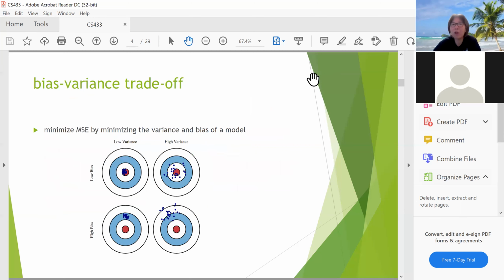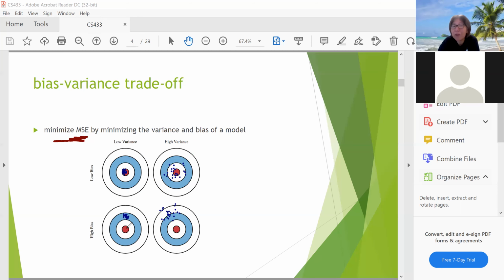And here it presents the bias and variance trade-off, and we try to minimize the mean square error. Here it gives different scenarios.